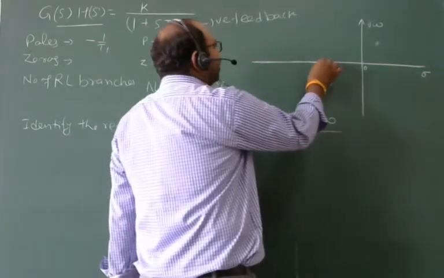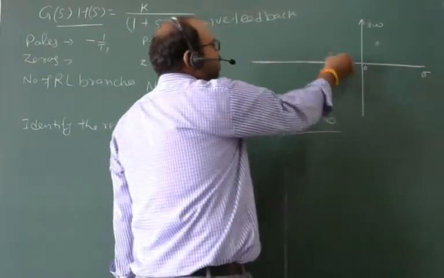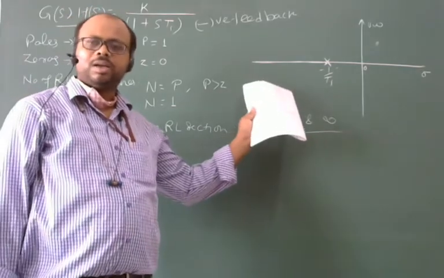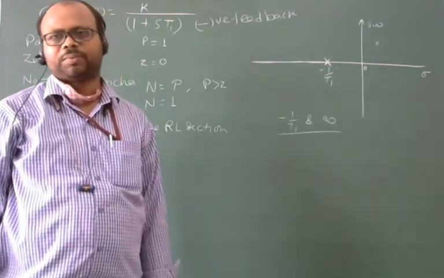Because in the right of this section we have only one root, that is odd, and therefore here the root locus will exist.